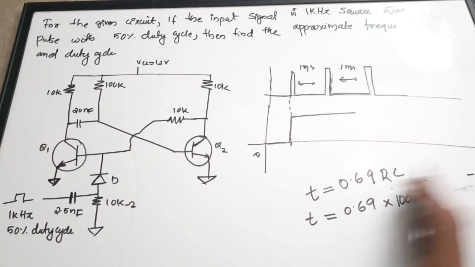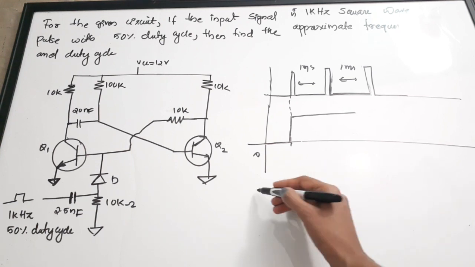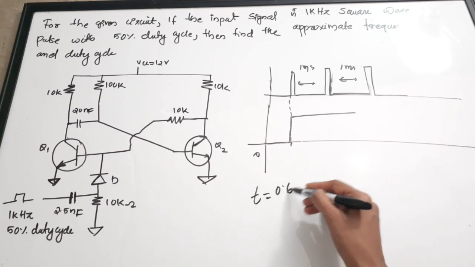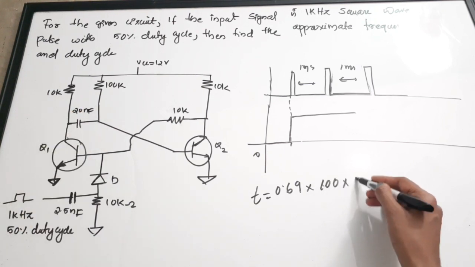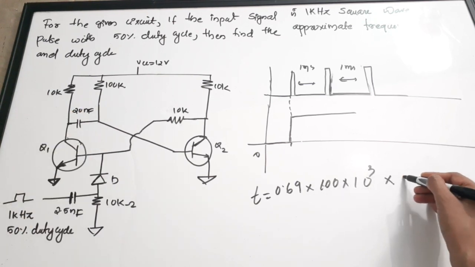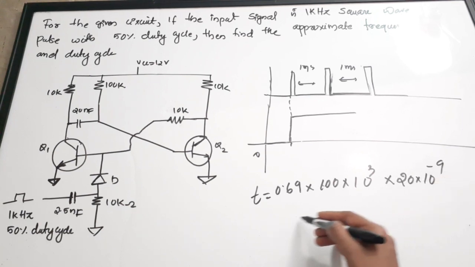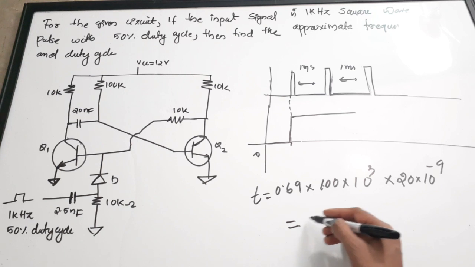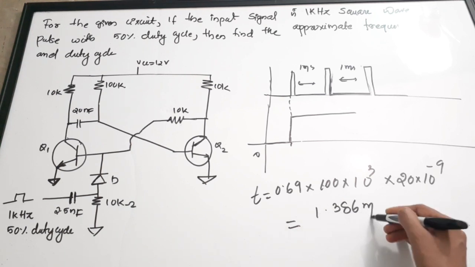You cannot see, so I'll write it here. T is equal to 0.69 into 100 into 10 raised to 3 into 20 into 10 raised to minus 9. If you solve it, the value obtained is T equal to 1.386 milliseconds.